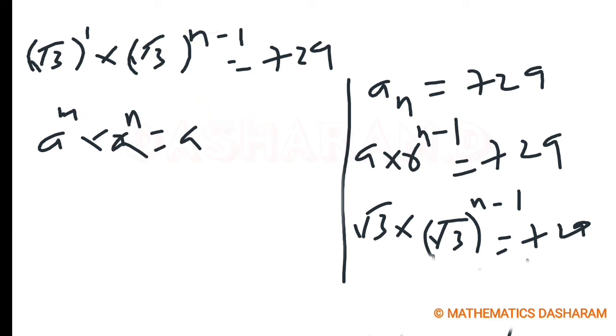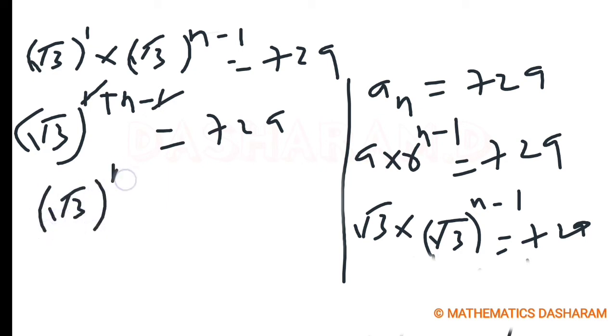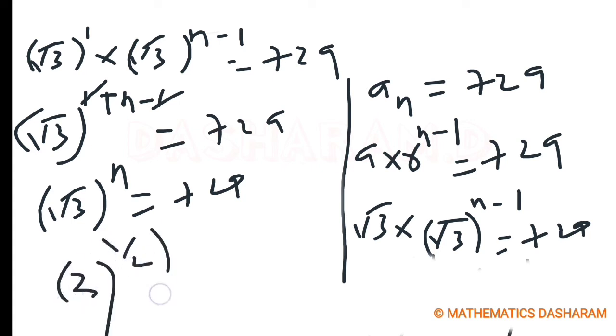So using this formula, let's simplify the LHS. Then here root 3 whole power 1 plus n minus 1 equals 729. Here plus 1 minus 1 cancel. Root 3 whole power n equals 729. Root 3 in exponential form is 3 to the power of 1 by 2, whole power n equals 729.